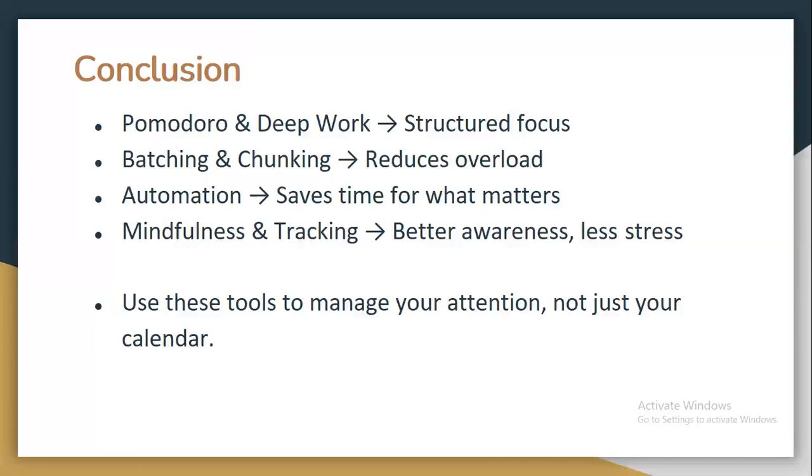And then mindfulness and tracking help to create better awareness and also less stress. So mindfulness requires you to be present, to be aware of the present, and know what is happening presently. And tracking refers to the usage of your time over a particular period. You are able to look back and check how your time was used effectively or how your time was mismanaged.